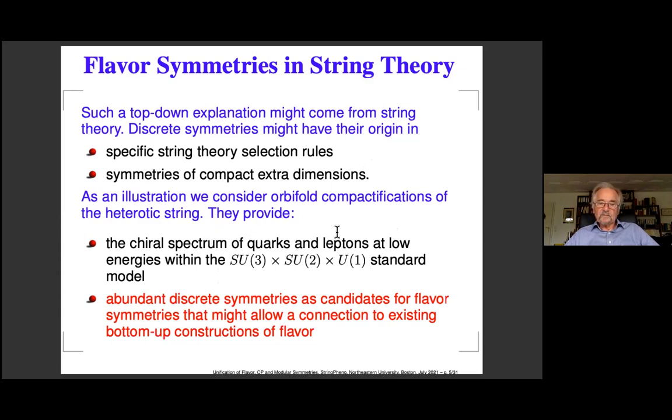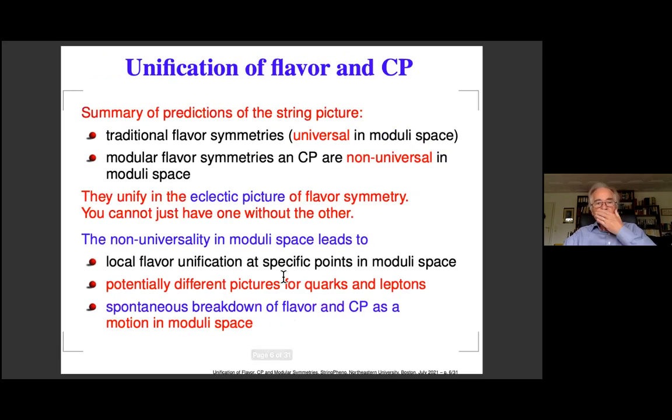So at least that allows us to define flavor. We need quarks and leptons. And we will see that there are abundant discrete symmetries that are candidates for flavor symmetries. And one idea would be that at a given point, one might make connection to bottom-up constructions of flavor.